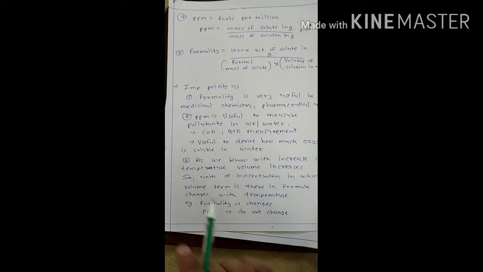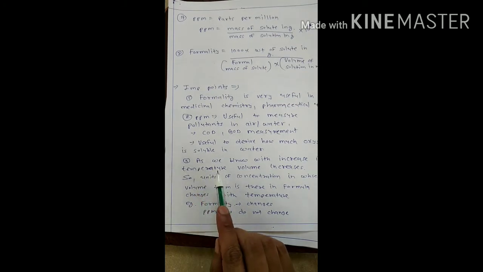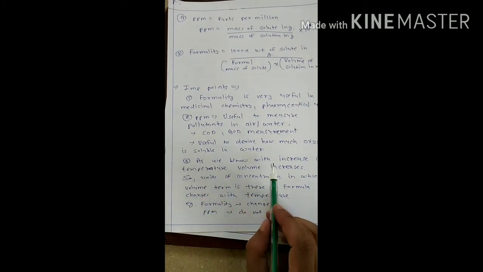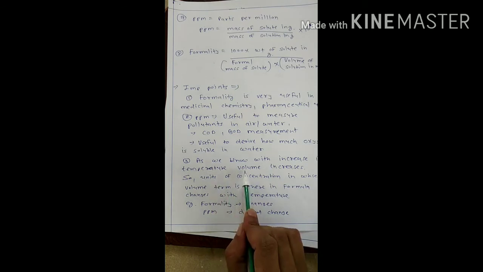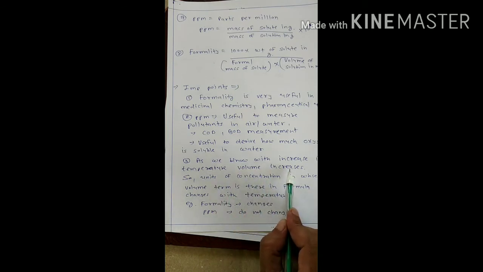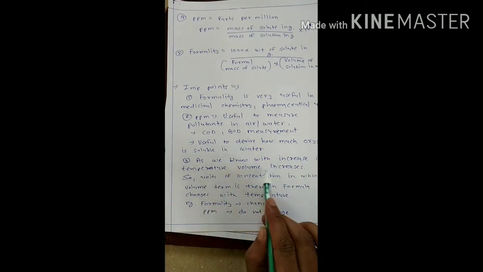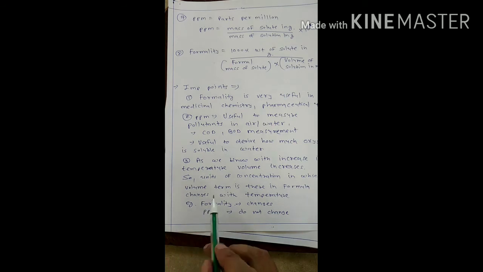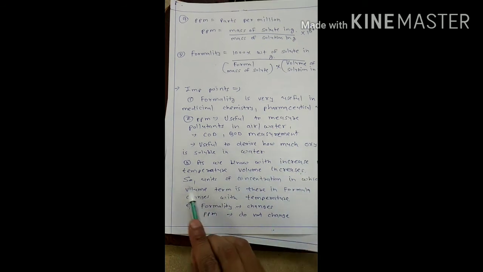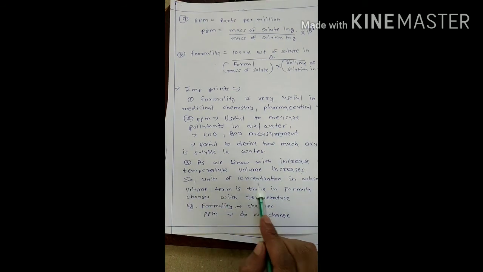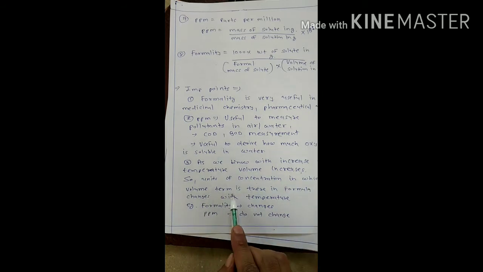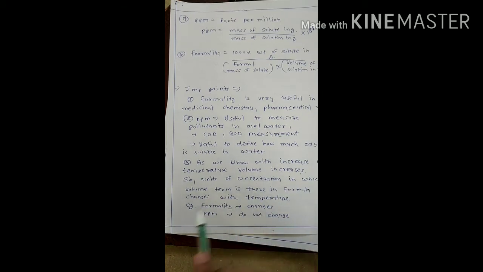Now third point, as we know, with increase in temperature, volume increases of any compound, solid, liquid or gas. So because of that, a unit of concentration which has a volume term in its formula changes.